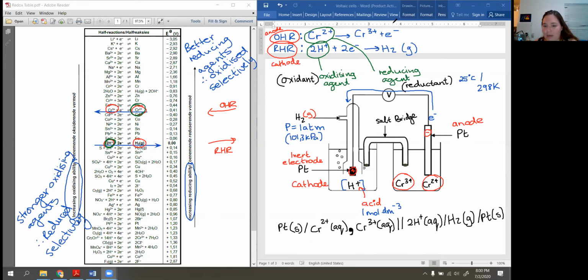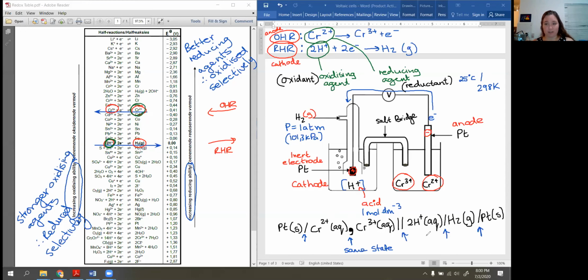You remember the comma here says that they are the same state, so they're both aqueous. The / represents a change of state. That's our salt bridge, change of state again. Please rather put in a / if you're not certain, because if you put in a comma here, you'd have been wrong. So you've got to be very careful that if you're going to be fancy, you're fancy and right, not fancy and talking nonsense.